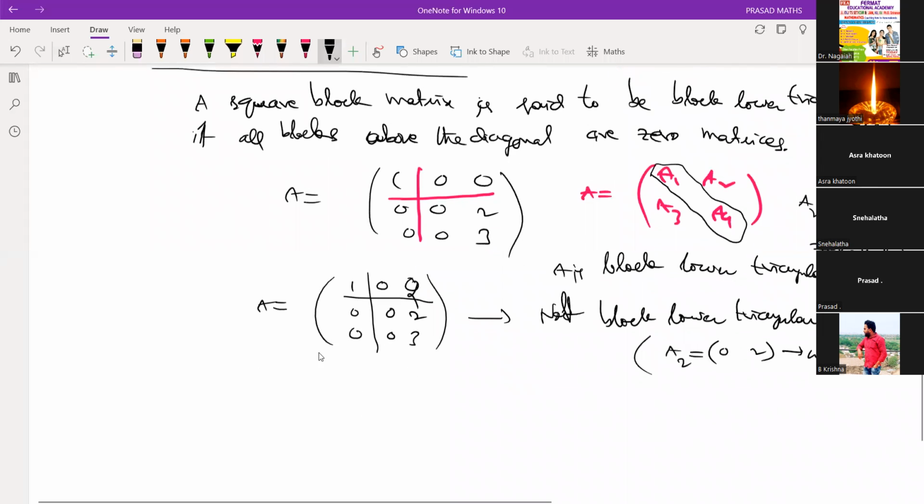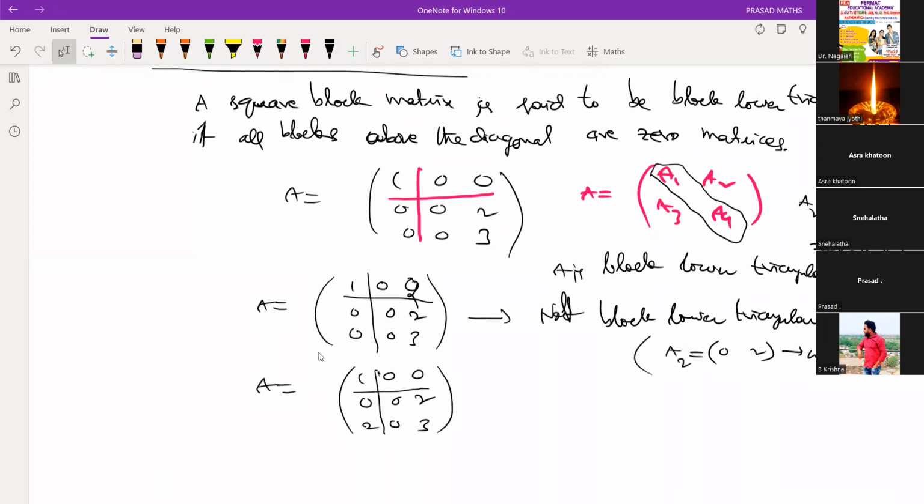Now, can you give an example which is not upper triangular? 1 0 0. Suppose you take this 0 0 2. You can set at least one, right? Suppose you take 2 here, 0 3. Right? So below the diagonal, you have a 0 2 matrix.